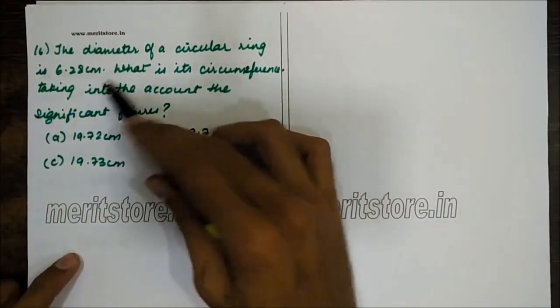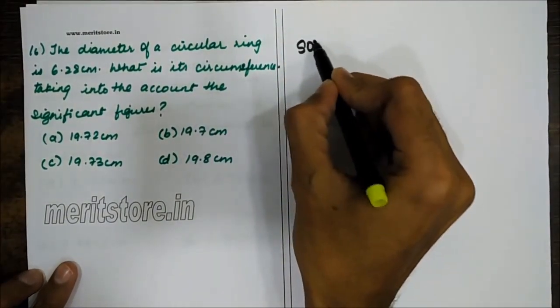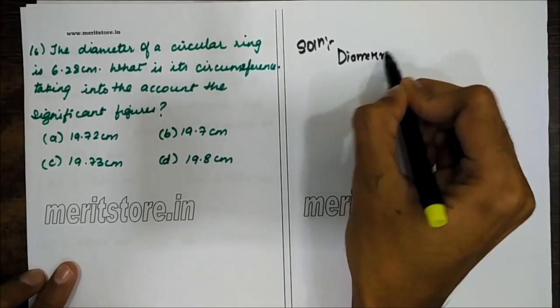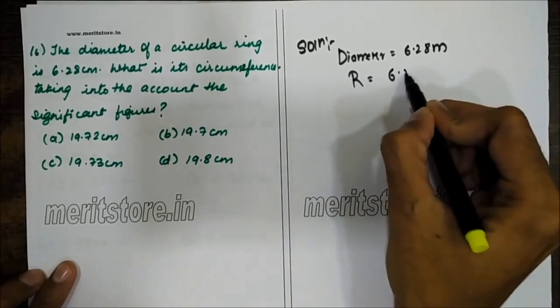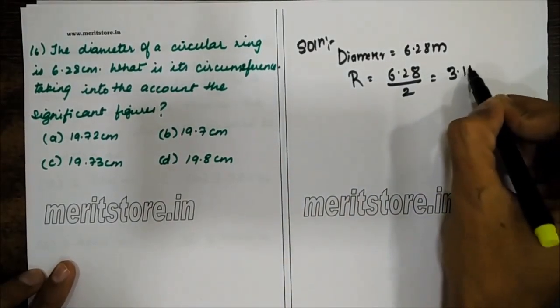Diameter of the circular ring is 6.28. What is the circumference taking into account the significant figures? Okay, so the diameter is equal to 6.28 meters. So the radius is equal to 6.28 upon 2, that will be equal to 3.14.